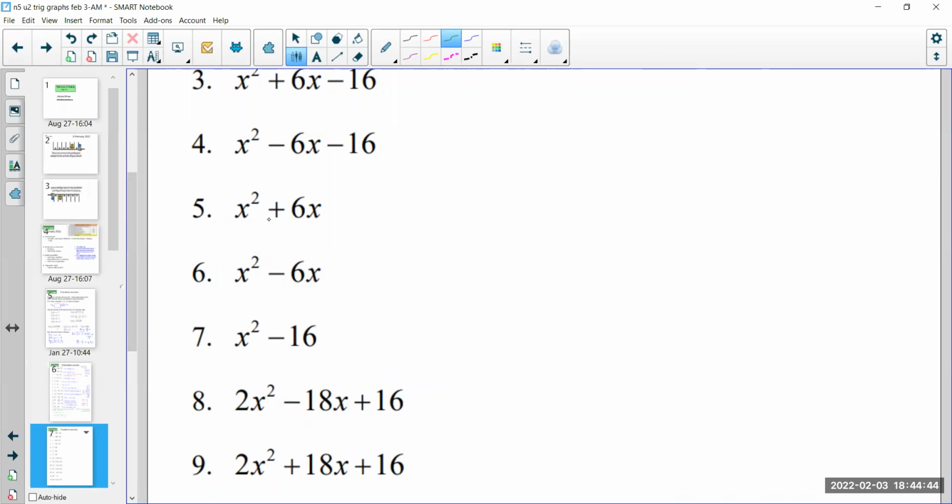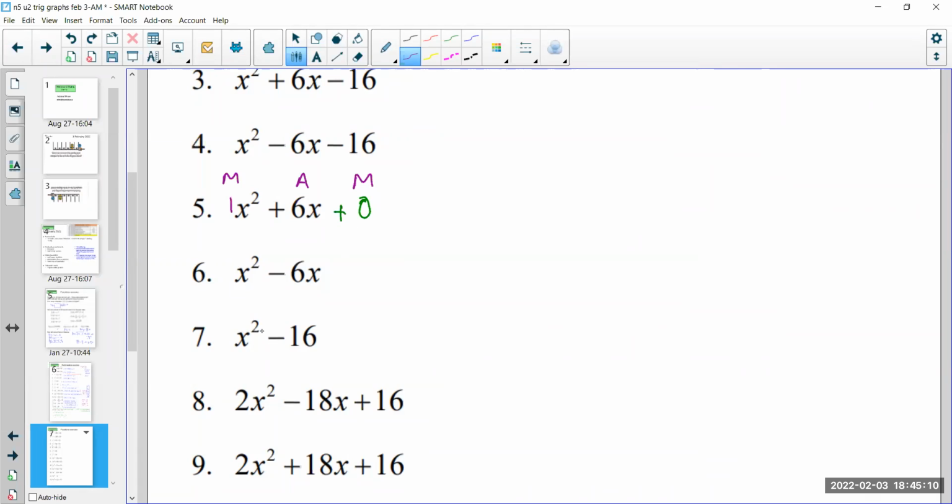If I use MAM and I try to factorize x squared plus 6x, let's say you can't see that x is a factor. This is the same as adding 0. So if I'm asked to factorize this, can I use MAM? Of course we can, because we've got M, A, M.